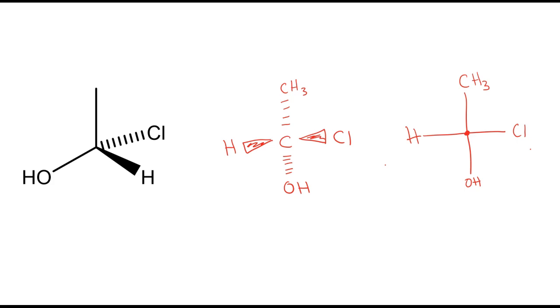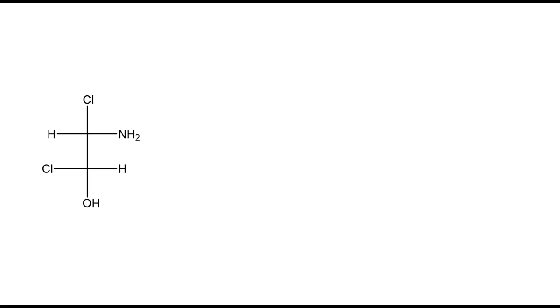Fischer projections are commonly used because they're simple ways to draw molecules and translate their structures to the dash and wedge representation. Here's a more complicated Fischer projection example. Here we actually have 2 different carbon atoms that have a number of different substituents on them.